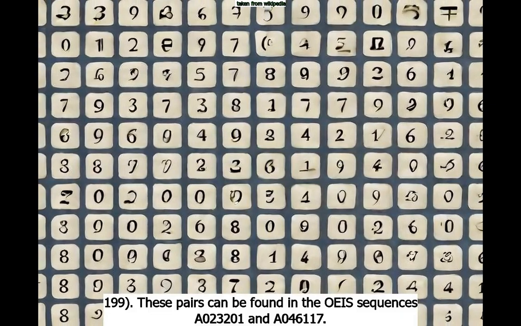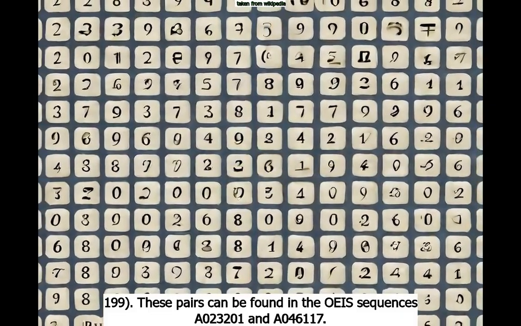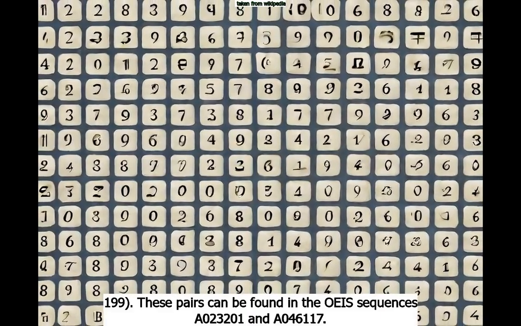These pairs can be found in the OEIS sequences A023201 and A046117.